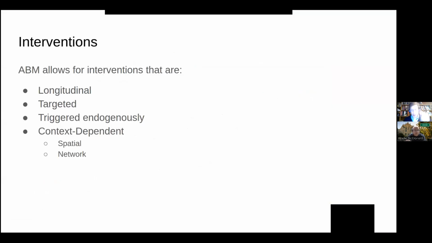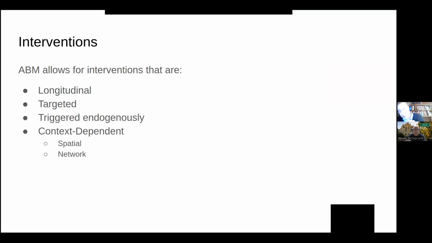Much, but certainly not all, of the motivation for use of ABMs focuses on what-if questions, and many of them reflect a desire to evaluate interventions, counterfactuals, where we ask the model, if we undertook this action, what would be the impacts?